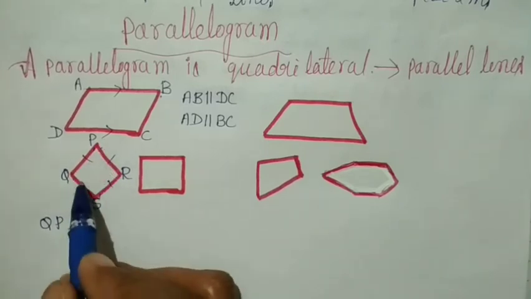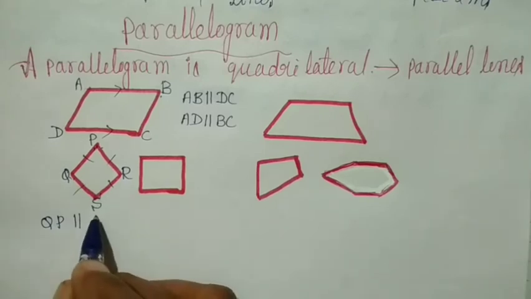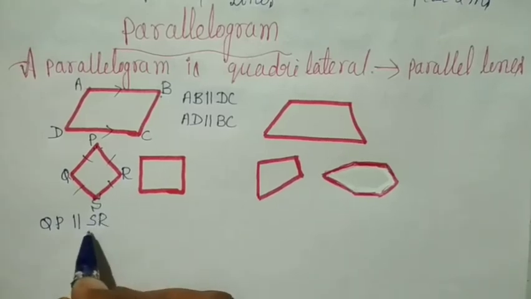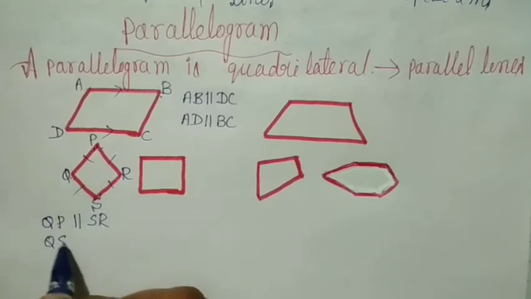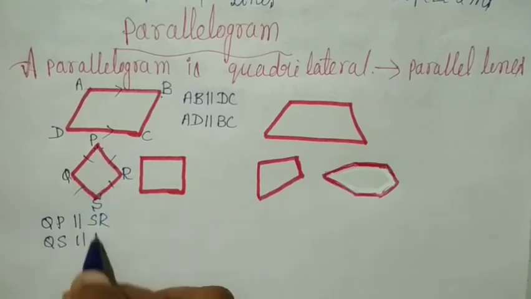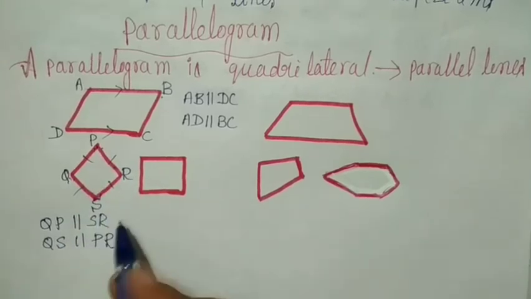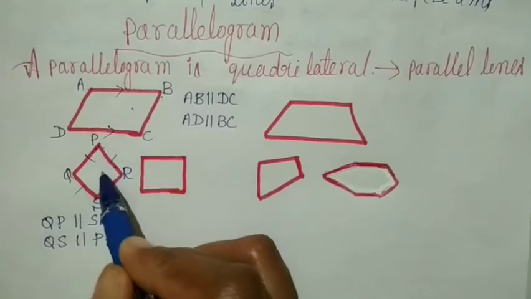Opposite sides, you can observe carefully. QP parallel to SR. And what about next? QS parallel to what? PR. Very good. So you can complete the first and second picture.